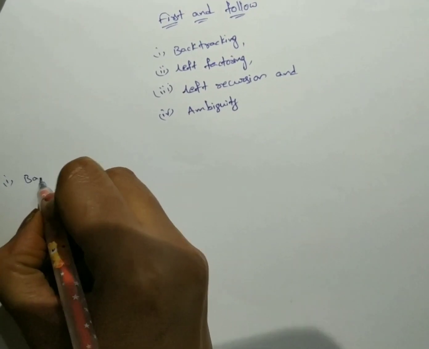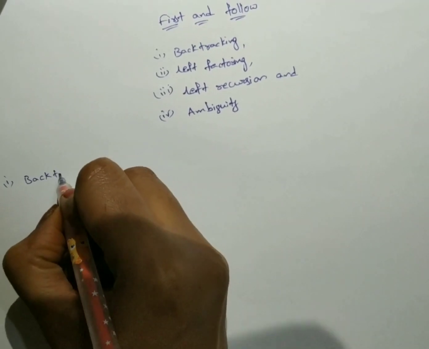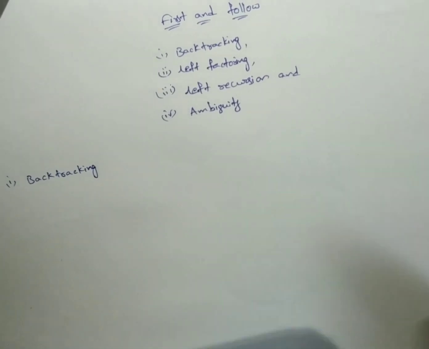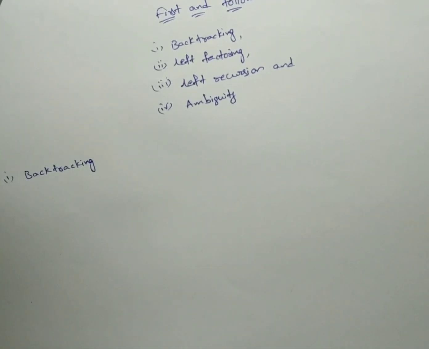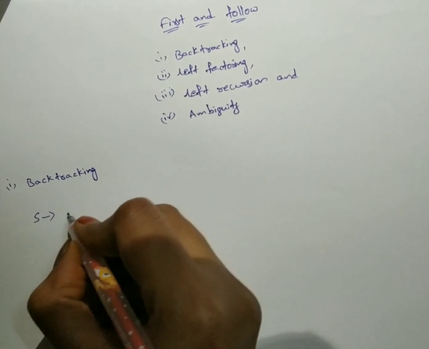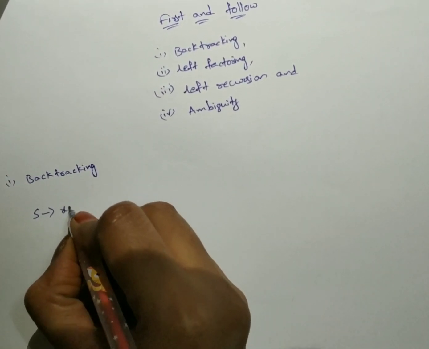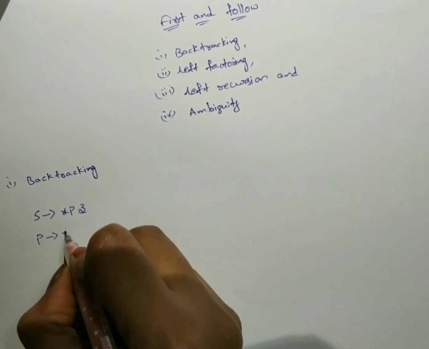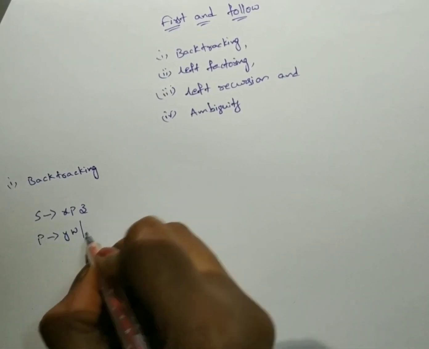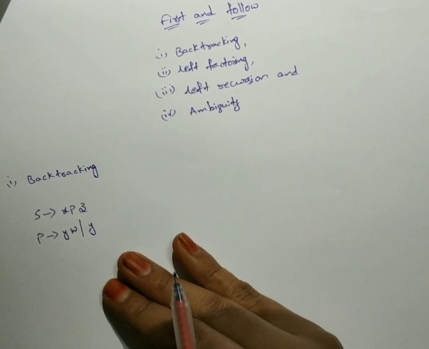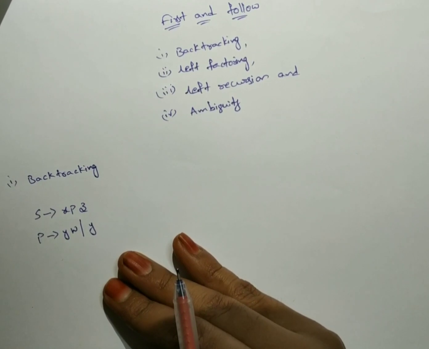backtracking. Here I am taking an example for backtracking. S derives X, P, Z. P derives Y, W or Y. This is an example which I have taken for backtracking.